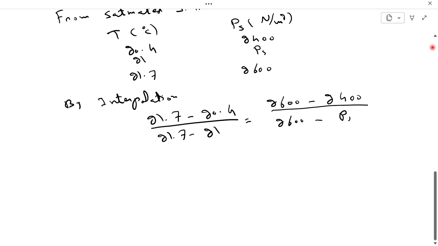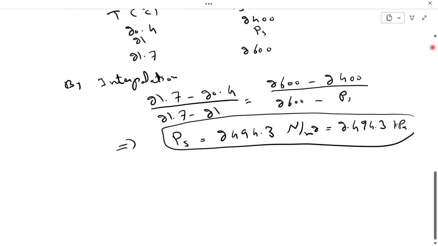Now this is a simple calculation. Calculate this and find PS. So PS is equal to 2494.3 Newton per square meter or Pascal, and divided by 1000 it is 2.4943 kilopascal.